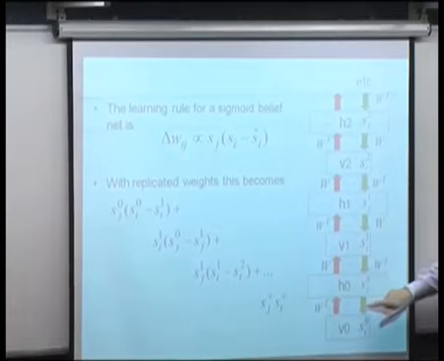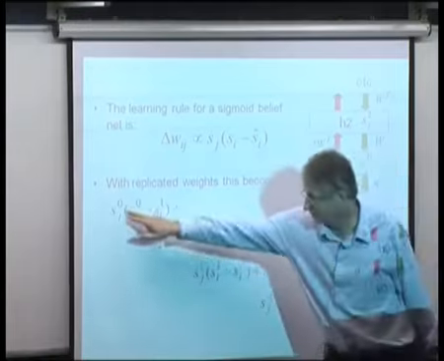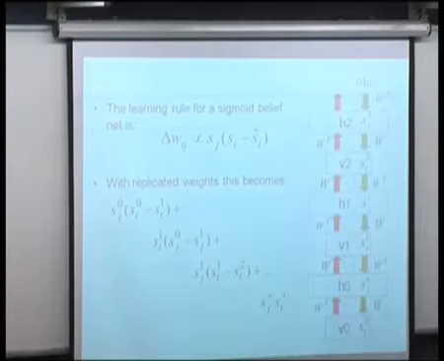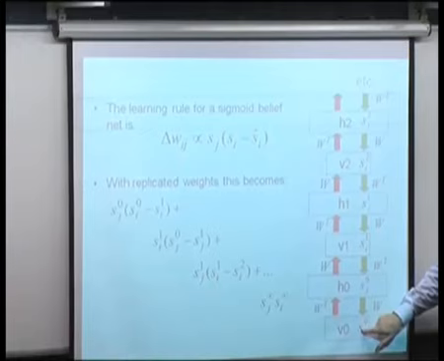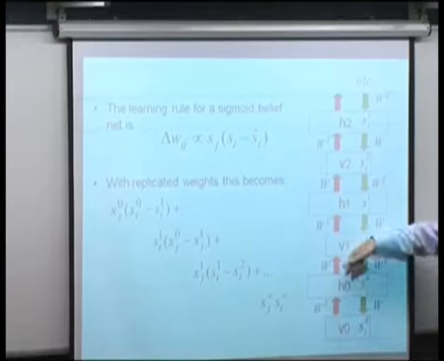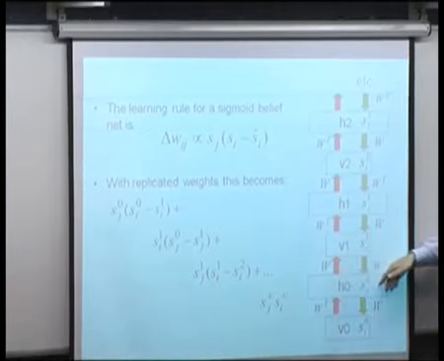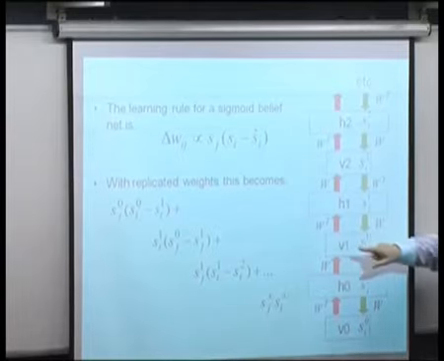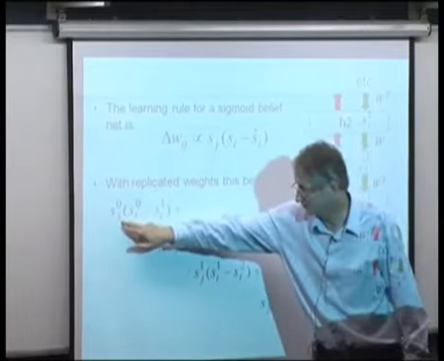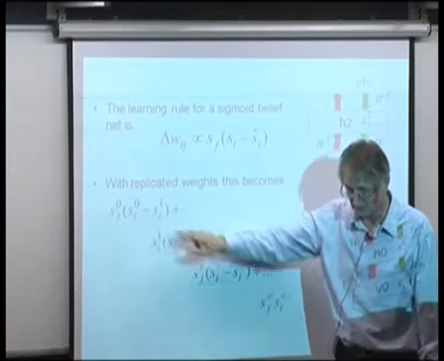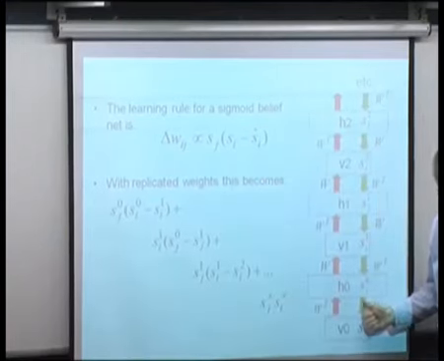So the learning rule for this connection looks like Sj0 times the difference between the actual state of Si in the data, Si0, and the top-down prediction from this posterior state here, which is Si1. So that's the learning rule for a directed belief net for this weight here.